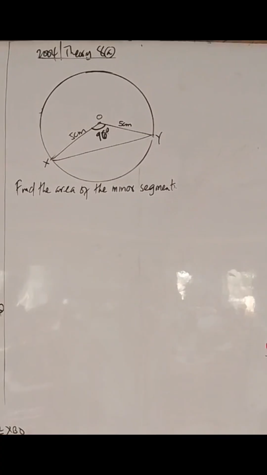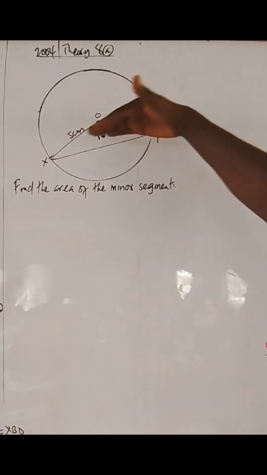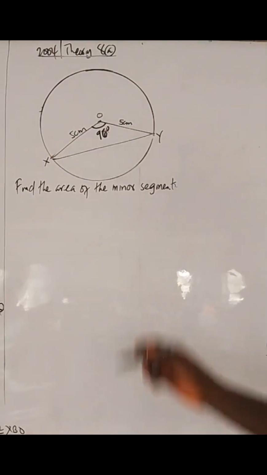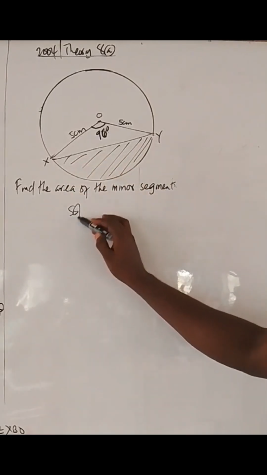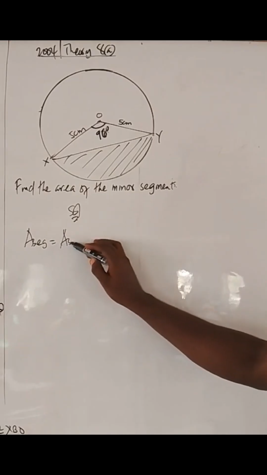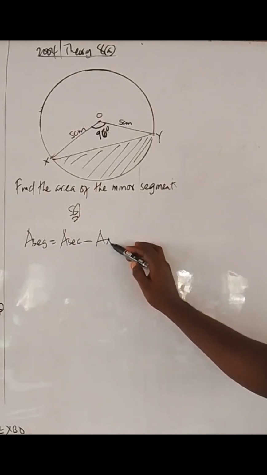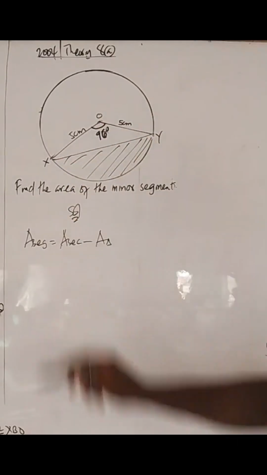In this particular question, same here, theory 8a, find the area of the minor segment. So here we have segments, this one above and this one below. So we are looking for the area of the segment below. And recall, we already said the area of a segment equals the area of a sector of the circle minus the area of the triangle. So the whole of OXY is a sector.